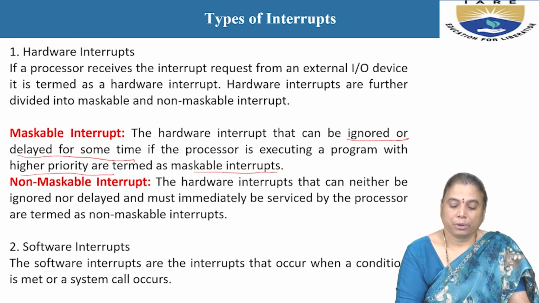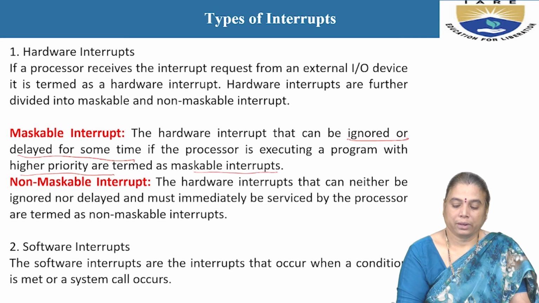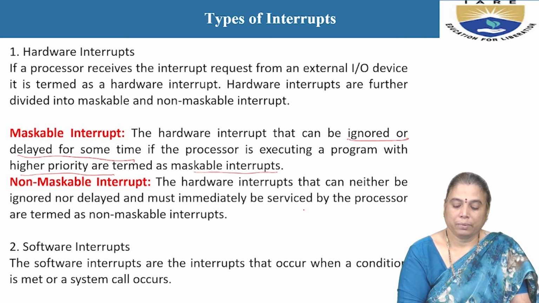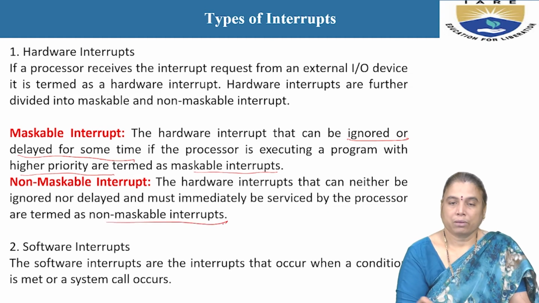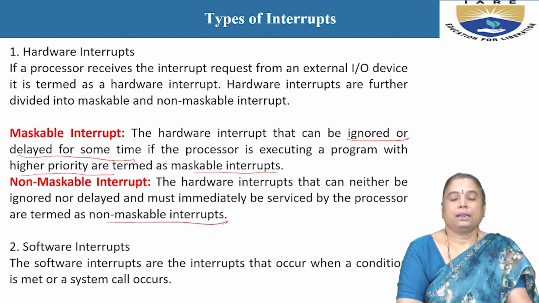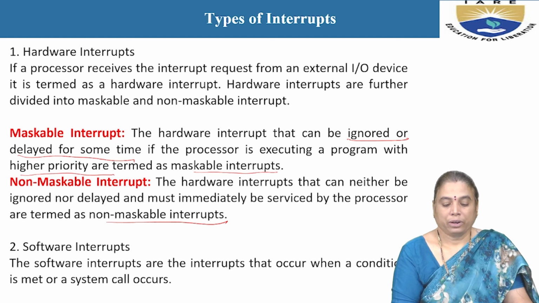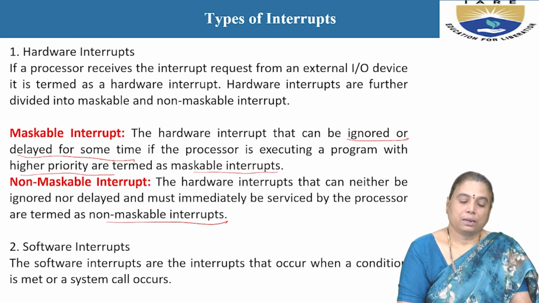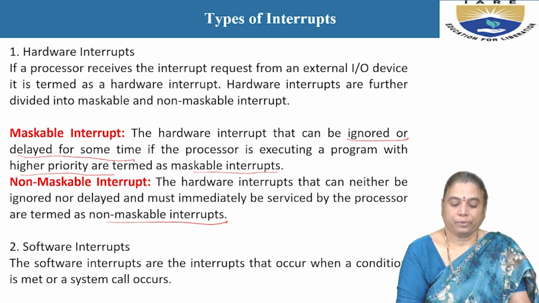In a non-maskable interrupt, the hardware interrupts that can be neither ignored nor delayed and must immediately be serviced by the processor are termed non-maskable interrupts. So delay in the interrupt service routine execution cannot be considered for non-maskable interrupts.